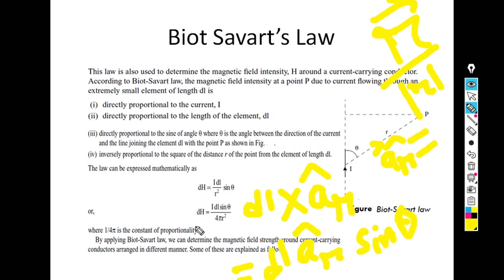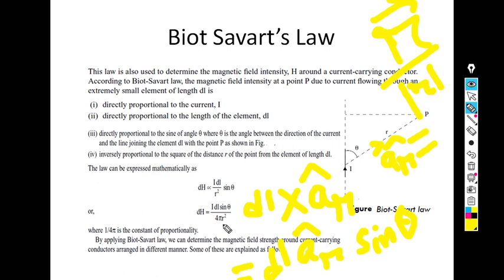Now we know that in air medium B is equal to mu naught H. So we can also write dB is equal to mu I dl cross a r cap by 4 pi r square.